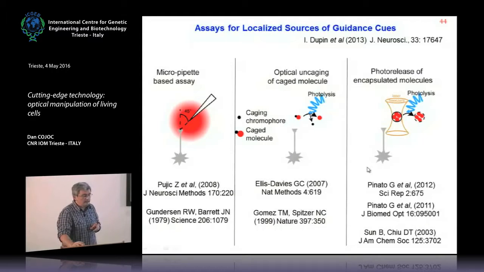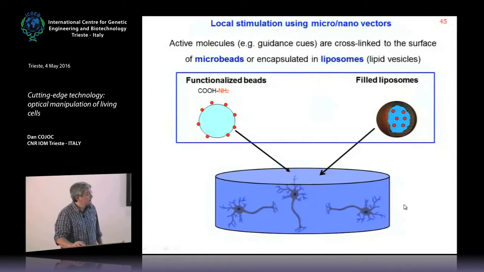And there is also the approach we use: to encapsulate molecules inside liposomes, bring them with optical tweezers near the cell, and then break the membrane of the liposome by photolysis and release the molecules locally to the cells. It was introduced previously, not in neuronal cells; we introduced it in neuronal cells.